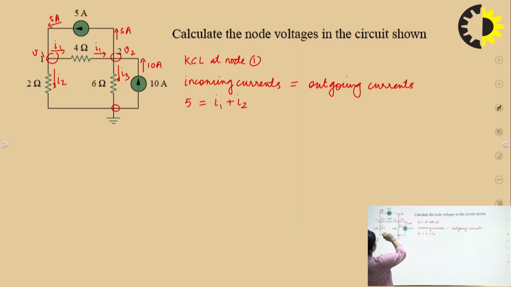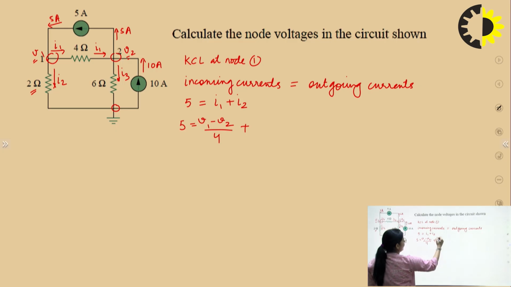Now, apply Ohm's law to find out the values of I1 and I2. So I1's value will be V1 minus V2 by the value of resistance. So 5 is equal to the value of I1, which is V1 minus V2 by 4, and the value of I2 is V1 minus 0 by 2 ohms.